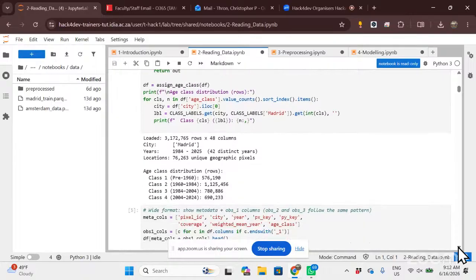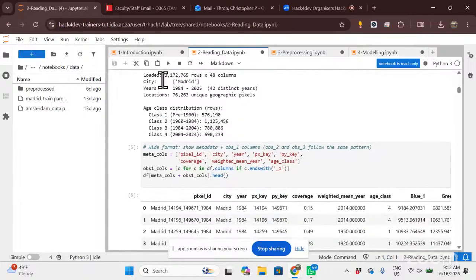Okay. Right. So here we can see some characteristics of the data. Actually, we have 3 million rows. Now, that doesn't mean that there are 3 million pixels. What that means is that there are far fewer, because each pixel has 40 years of data. So you basically need to divide this by 40 to get the actual number of data points.